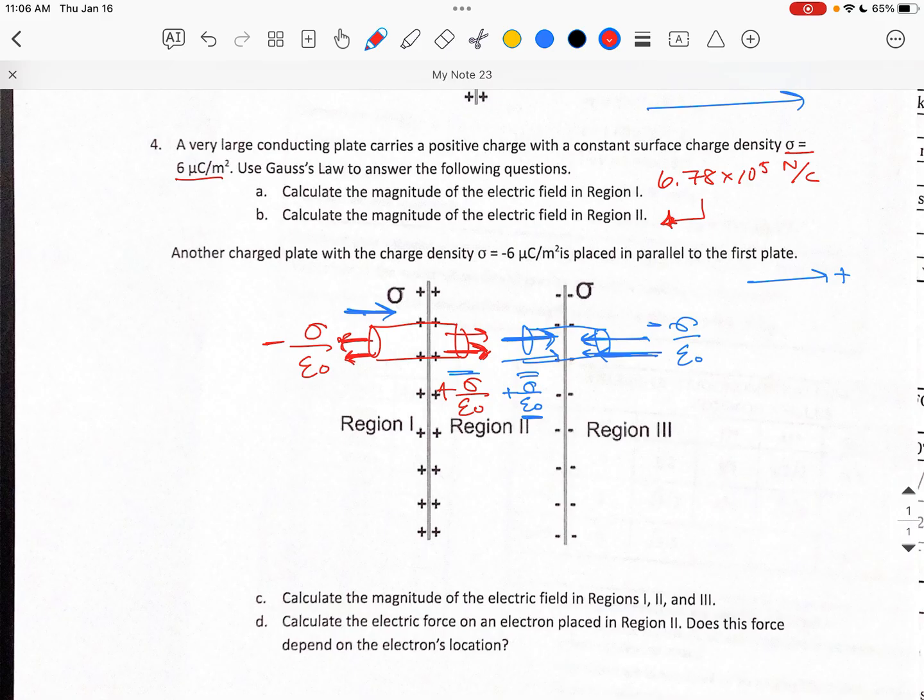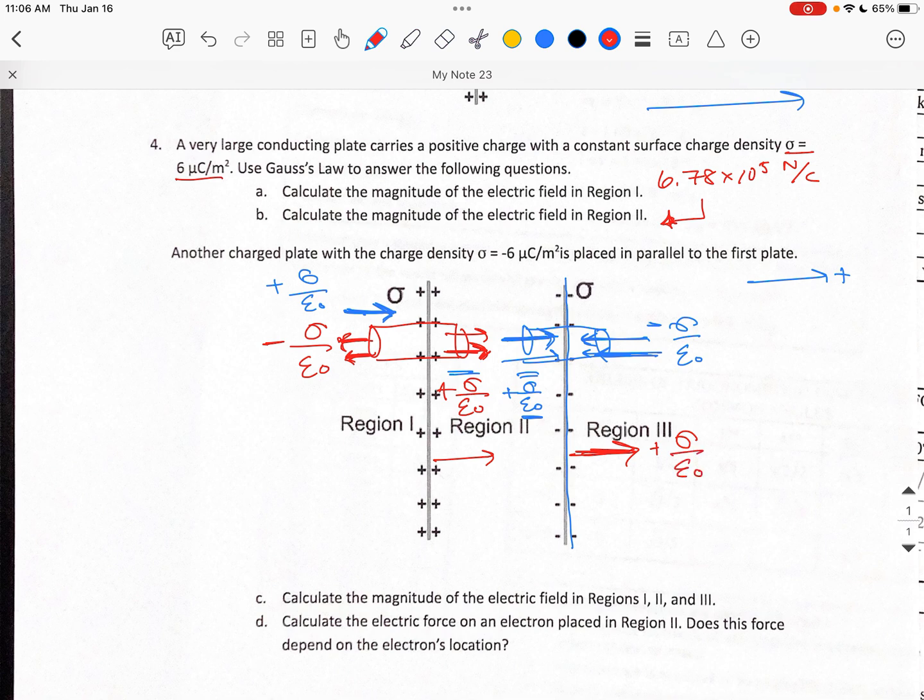I want to show that the negatively charged plate here has electric fields pointing to the right, so I need to add that sigma over epsilon naught. And I want to show that this positive plate continues its electric field to the right on this side, so I'm going to show that as a positive.